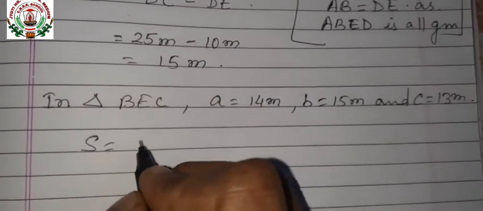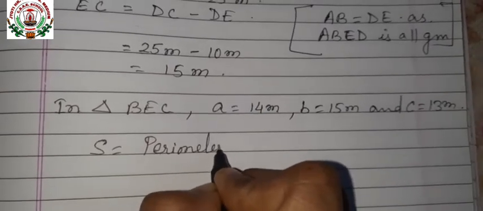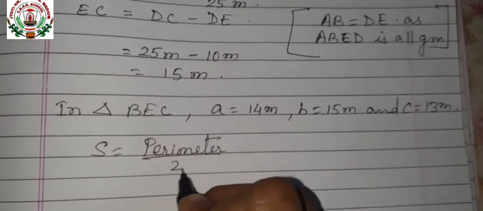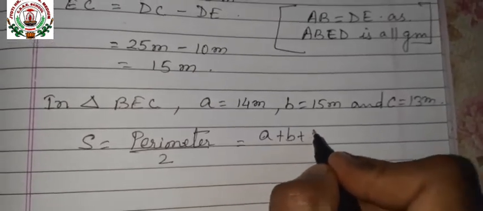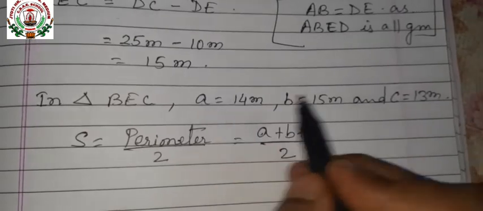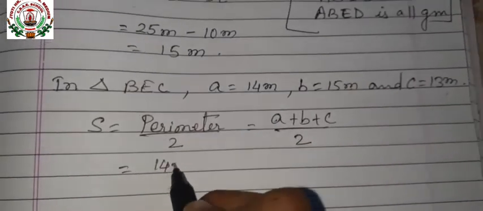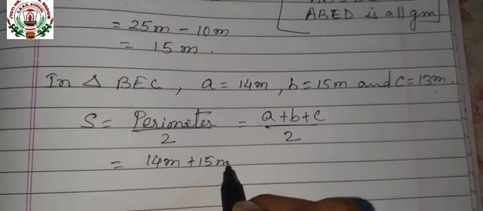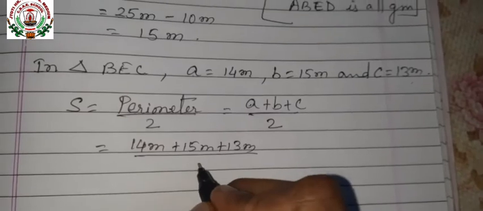For Heron's formula we need S, that is semi-perimeter. Semi-perimeter means perimeter upon 2, that is a plus b plus c upon 2, the sum of all the sides. Now put the values of a, b and c. We get 14 meter plus 15 meter plus 13 meter upon 2.